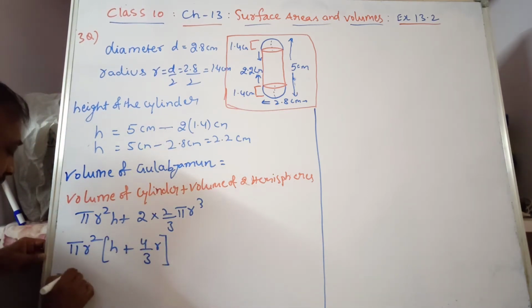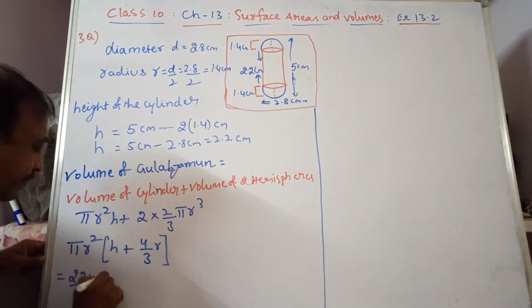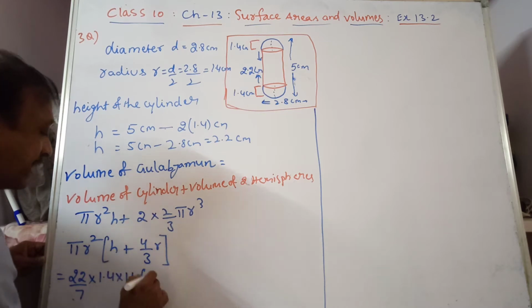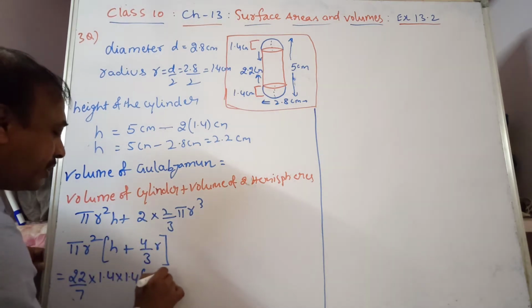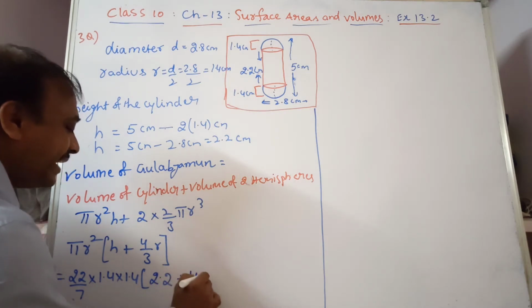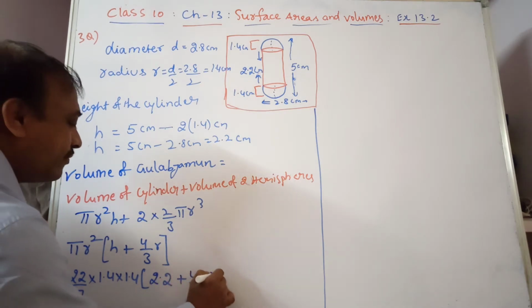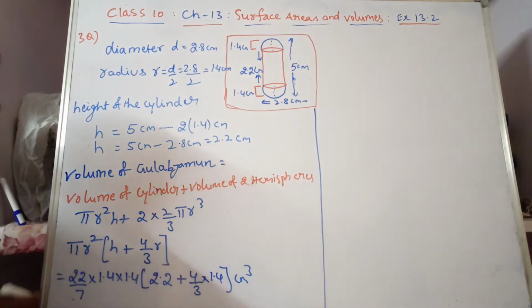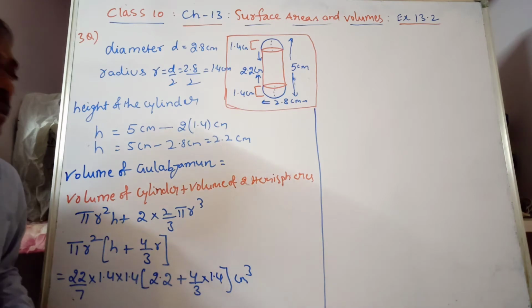Now we substitute 22 by 7 into radius 1.4 into 1.4, then h plus height, which is 2.2, plus 4 by 3 into radius 1.4, and volume we measure in centimeter cube.